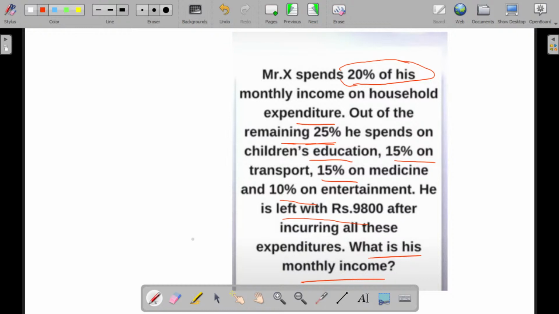Yes, others please, mention the answer in the chat box. Okay, so Siddhant has mentioned 18,770. Okay, do it fast.